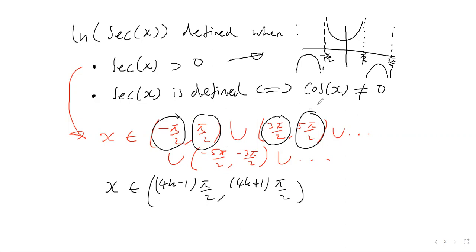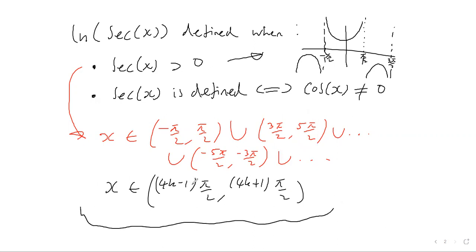So 1 to 5 to 9, that's got a kth term of 4k plus 1. So 4k plus 1 multiplied by pi over 2, that's how we get these kth term values here. So therefore, this derivative is defined for x values in this domain here.